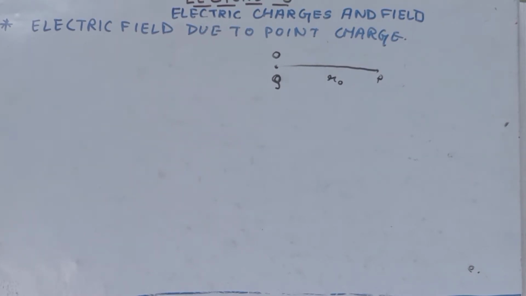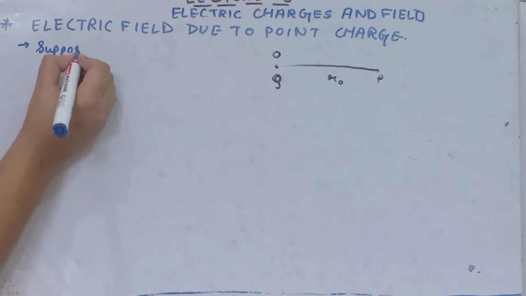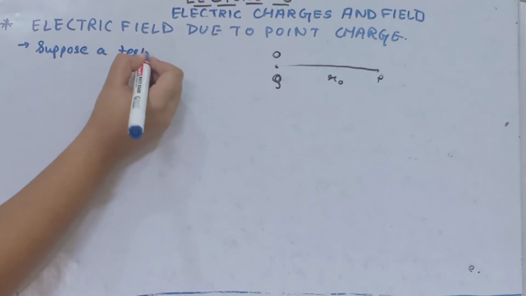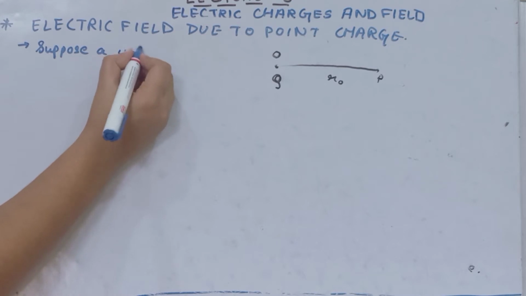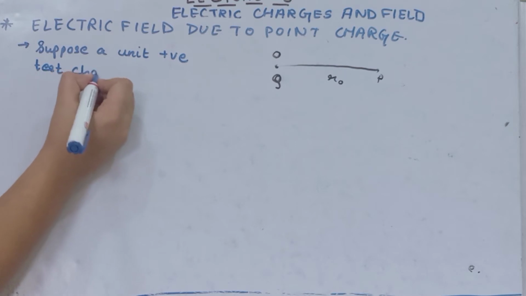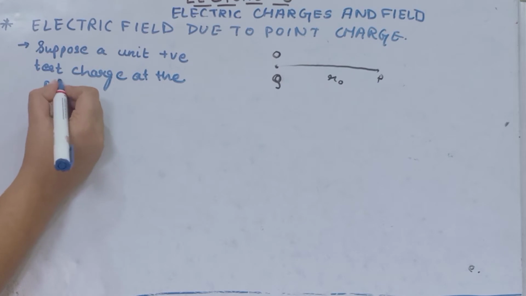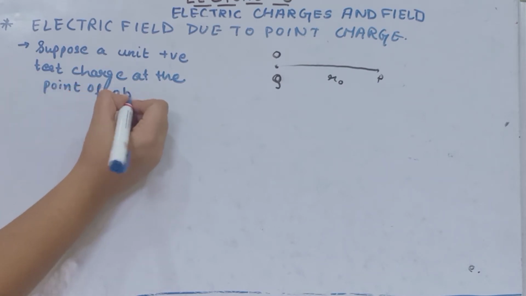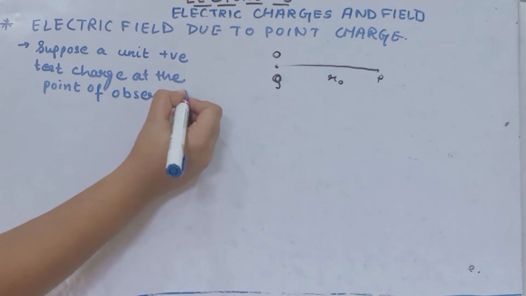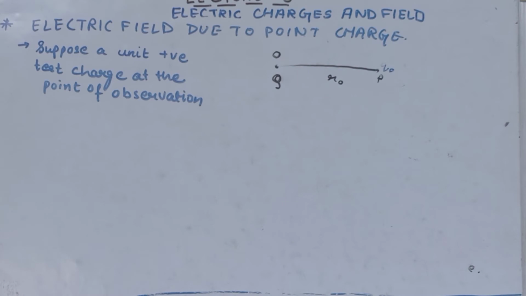So while finding electric field intensity, our first task always is to suppose a unit positive test charge at the point of observation. So here we have a test charge, say Q0. We have supposed this test charge to be here.